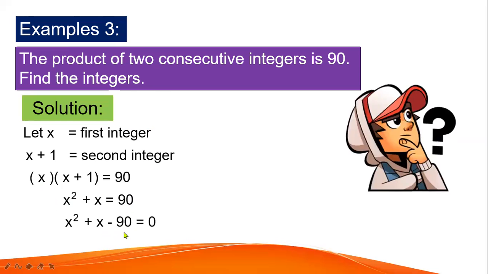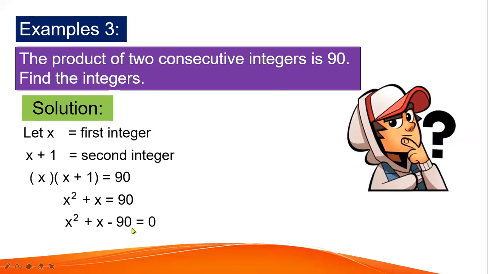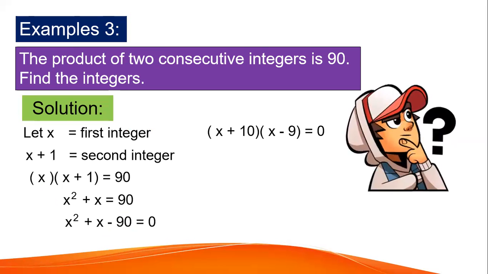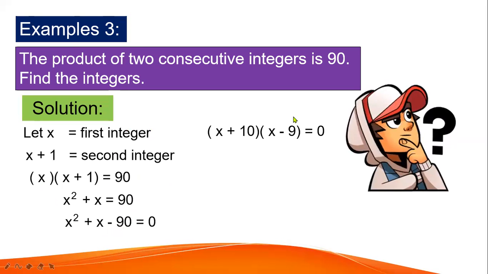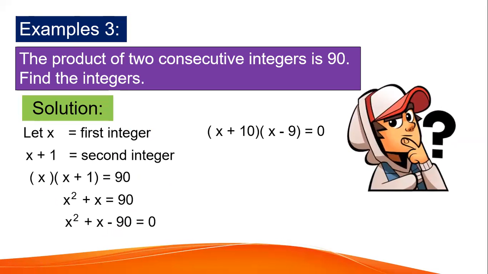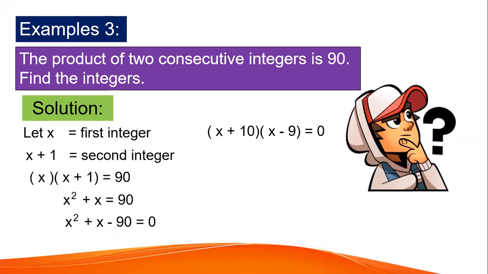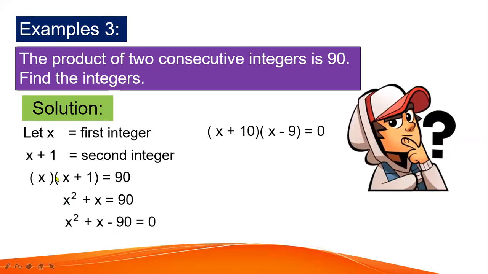What are the factors of 90? And therefore, we have 10 and negative 9. Then if you multiply this, the answer is negative 90. And then if you add, the answer is positive 1 or positive x.